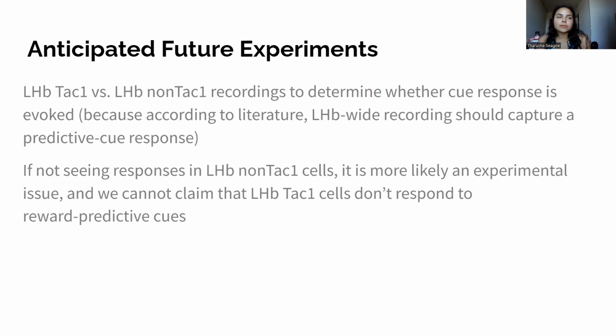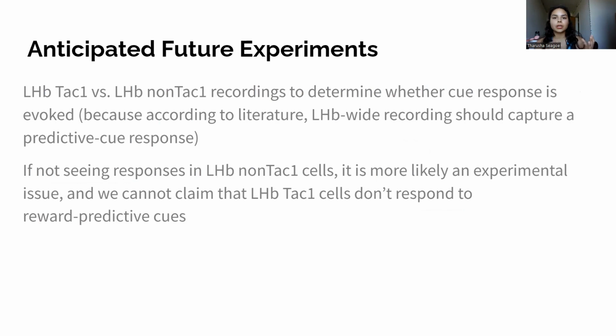For our future experiments, we want to do a similar project but with more refined and consistent methods, and also compare Tac1 and non-Tac1 populations in the lateral habenula, because that will give us a better idea if RPE responses are being seen to predictive cues at all.